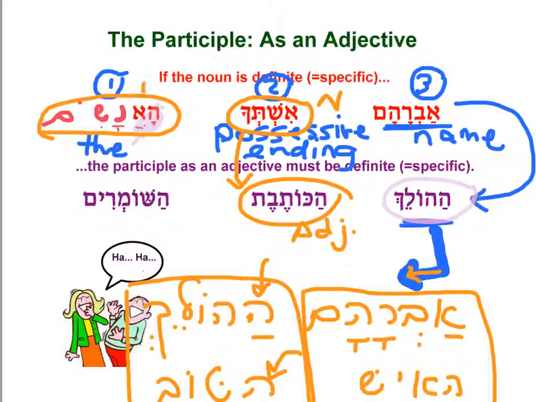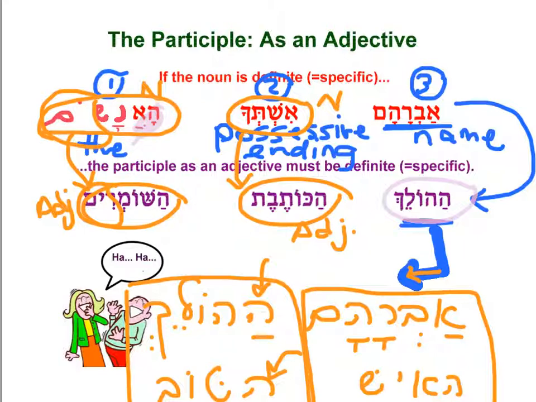Ha'anashim is functioning as my noun, and ha'shomrim, if they're put together, would be my adjective. In both cases, they're definite. They both have the ha prefix, and they both have masculine plural endings. So here we see how the participle can fit into the adjective slot.